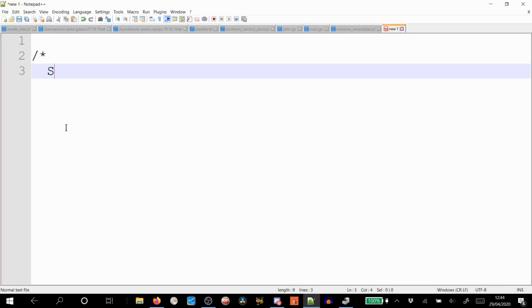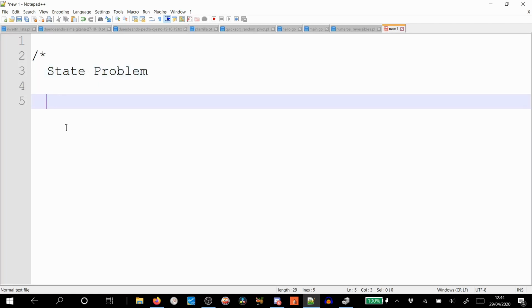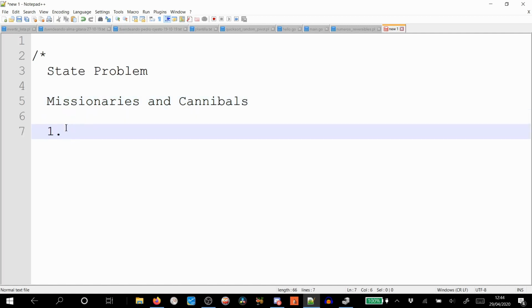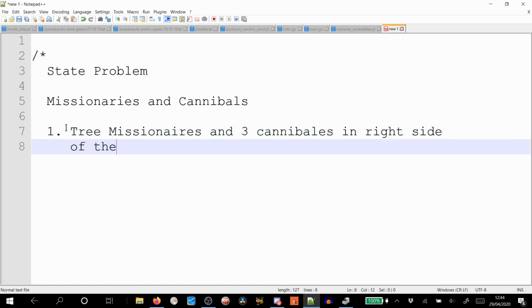We have a state problem with missionaries and cannibals. Okay, so we have 3 missionaries and 3 cannibals in the right side of the river.